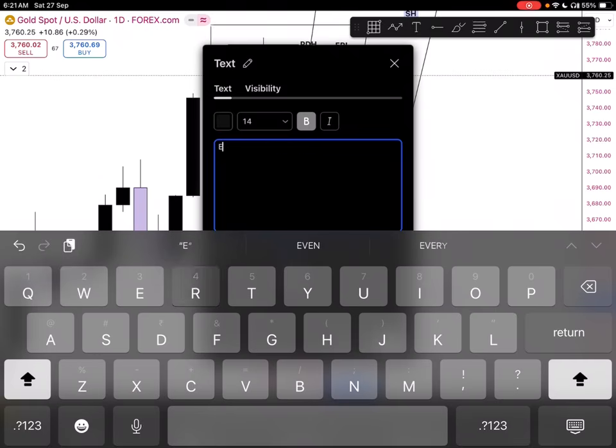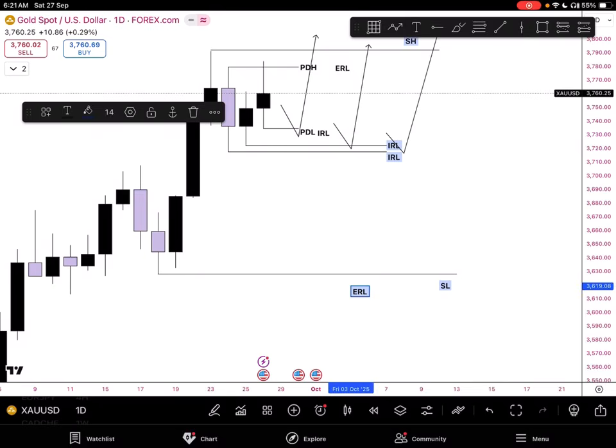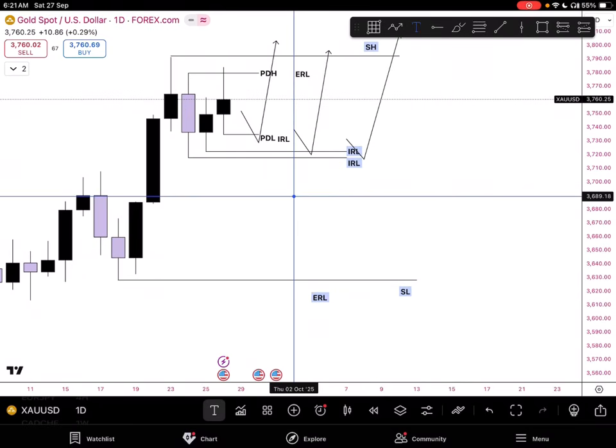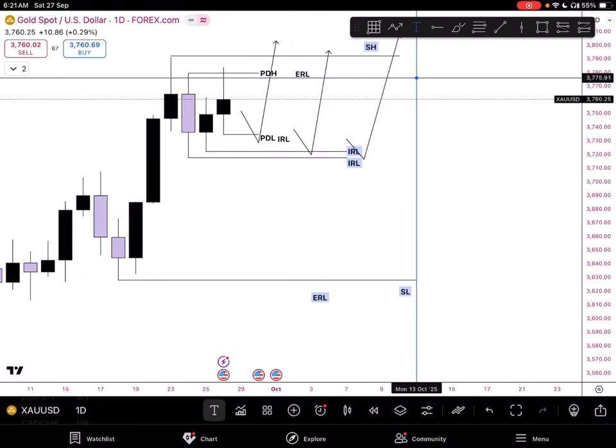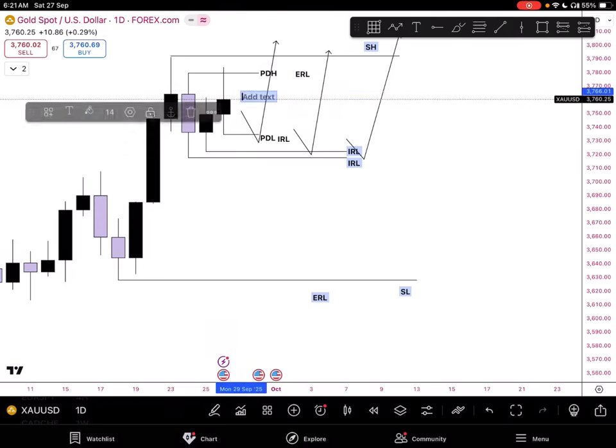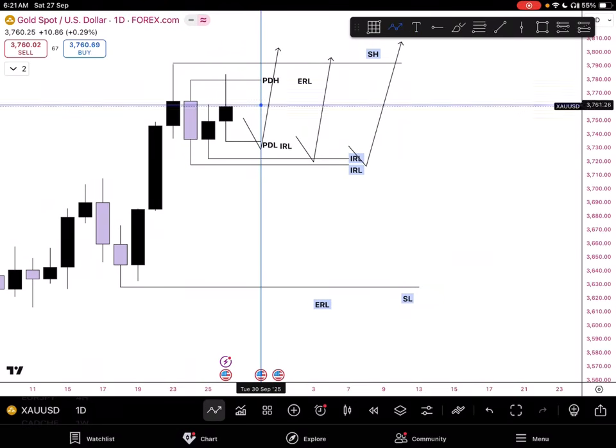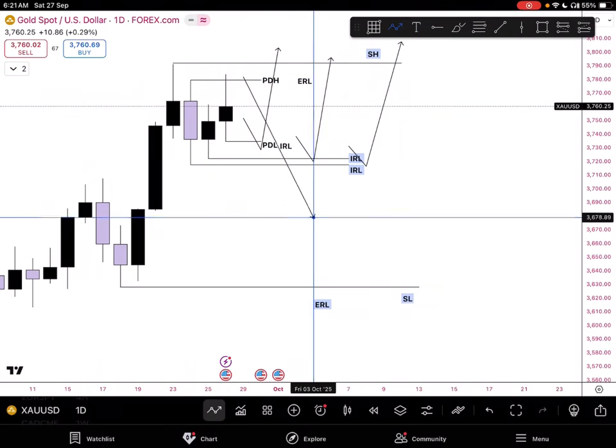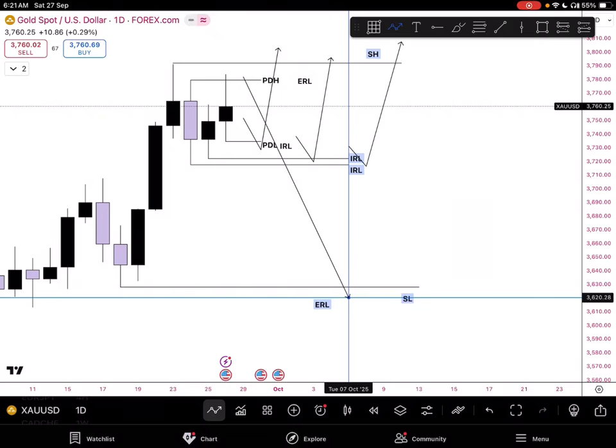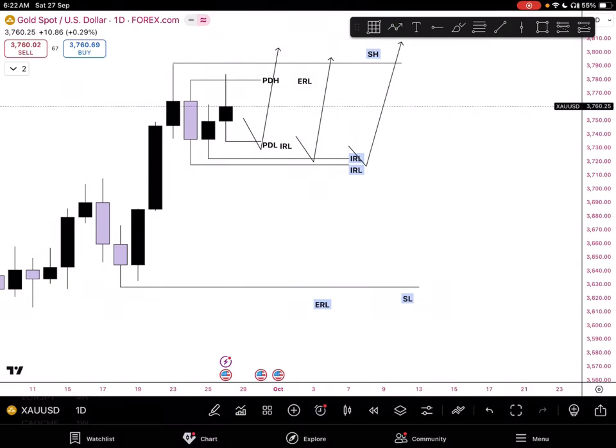When the price takes this external range liquidity, the trend is going to change.